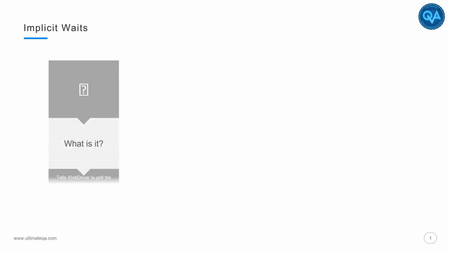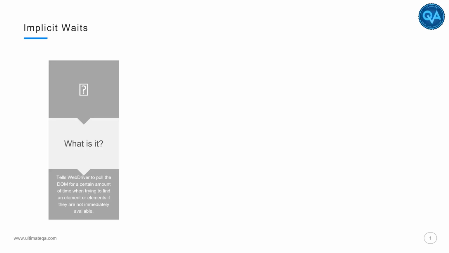So Selenium provides us several ways to deal with synchronization problems. One of those ways, as you may have heard in the industry or you may not, is called an implicit wait. So what is an implicit wait?